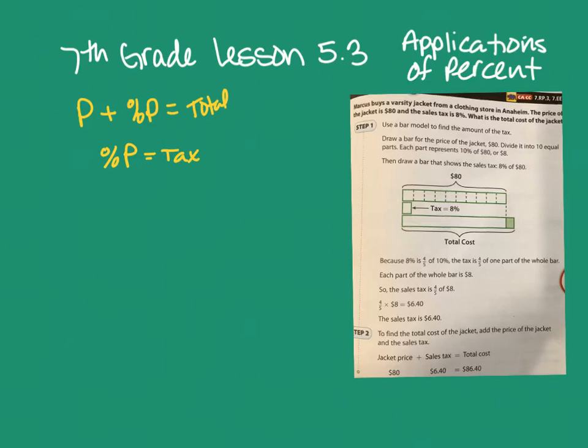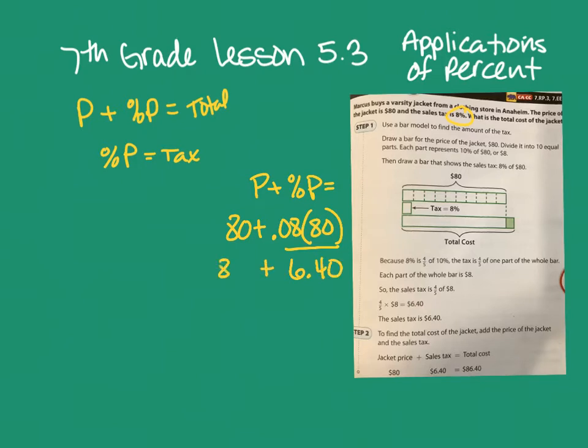In the previous lesson, hopefully you started feeling comfortable with going this route. So take that markup amount. We have the price plus the percent. Well, I'll put the formula here, or what we were using. So we have the price of $80 plus, we know the percent is 8%. Let's go 0.08 times the $80 to find out the tax. You would calculate that, and you're going to get 6.4 or $6.40, because we're talking about money.